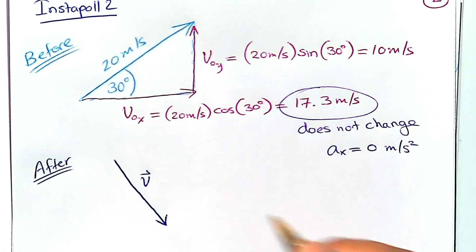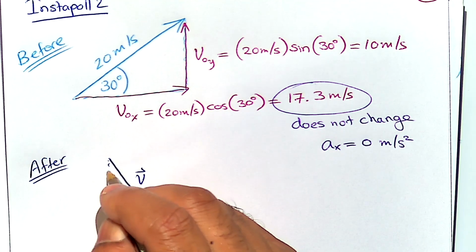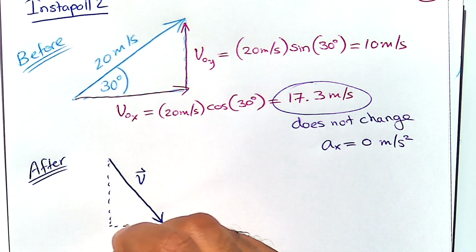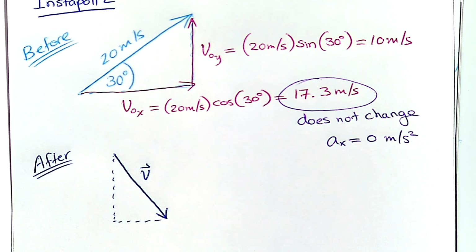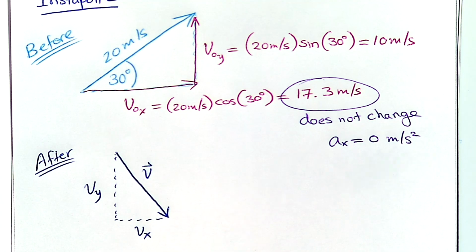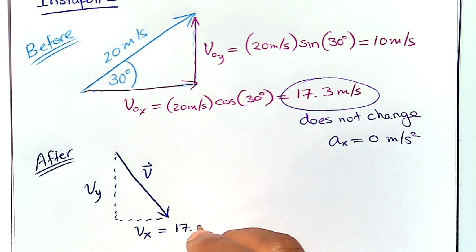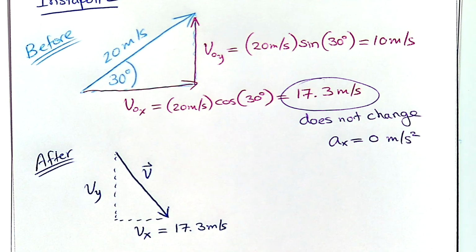So the final velocity vector should look like that. It can also be broken up into its components, x and y. There will be a vx and a vy. This vx and this v naught x are exactly the same, because there's no acceleration in the x direction, so that number doesn't change.